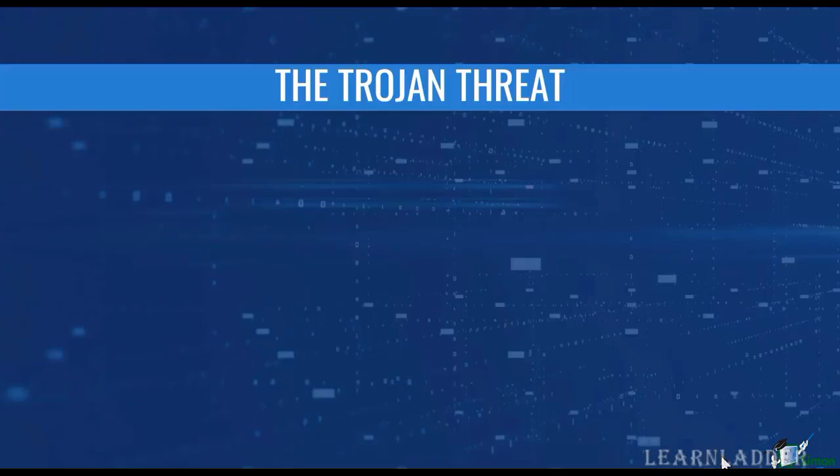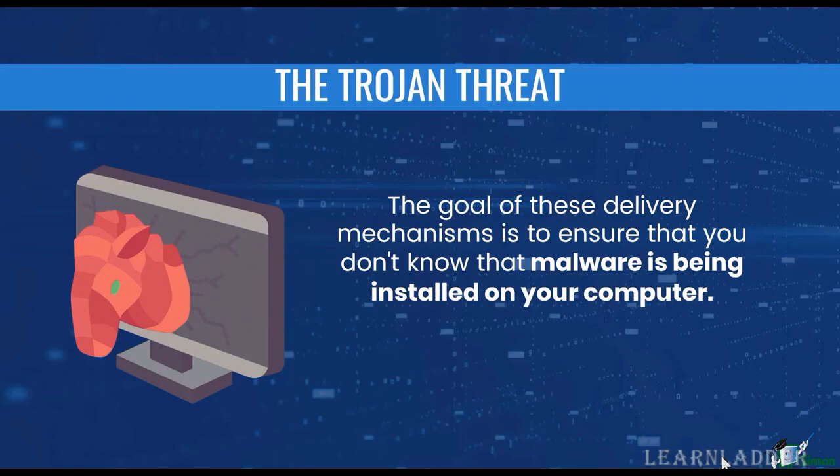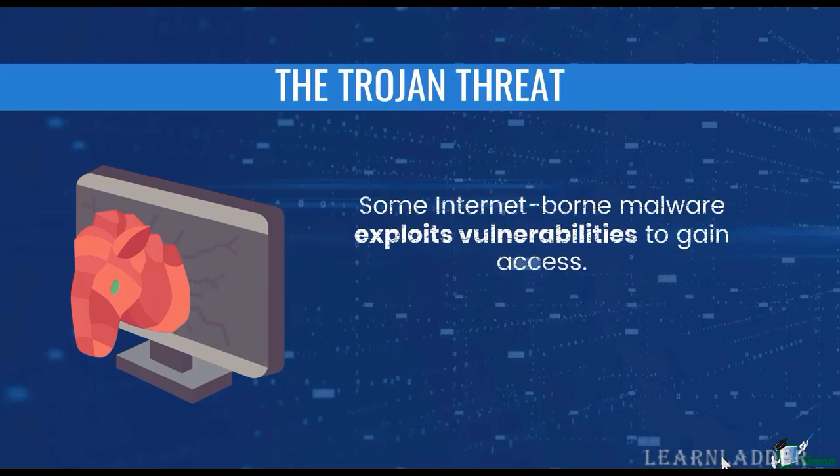Malware can be delivered in a variety of different ways. Since it is malware, these delivery mechanisms aim to ensure you don't know that malware is being installed. There are a few different ways in which malware can accomplish this. One is vulnerability exploitation. When you're visiting internet websites, it is likely using a web browser.